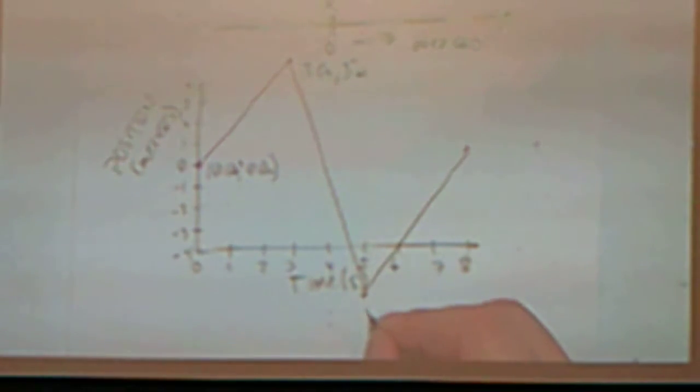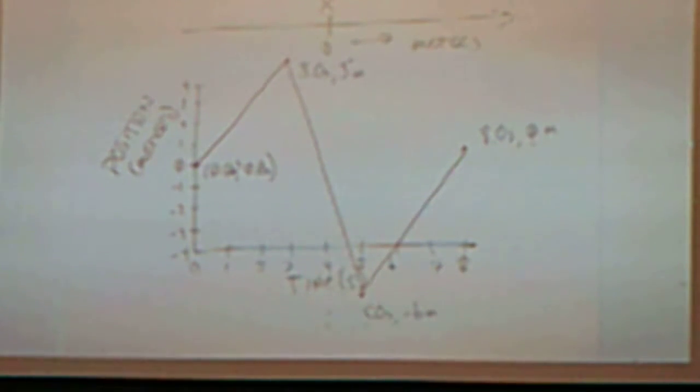We're just going to call that 5 meters. I'm not sure it's so accurate for it to be within 10 centimeters. And we'll call this 5.0 seconds, comma, -6 meters, and then 8.0 seconds, comma, 0 meters. Okay? So those are my positions as a function of time.